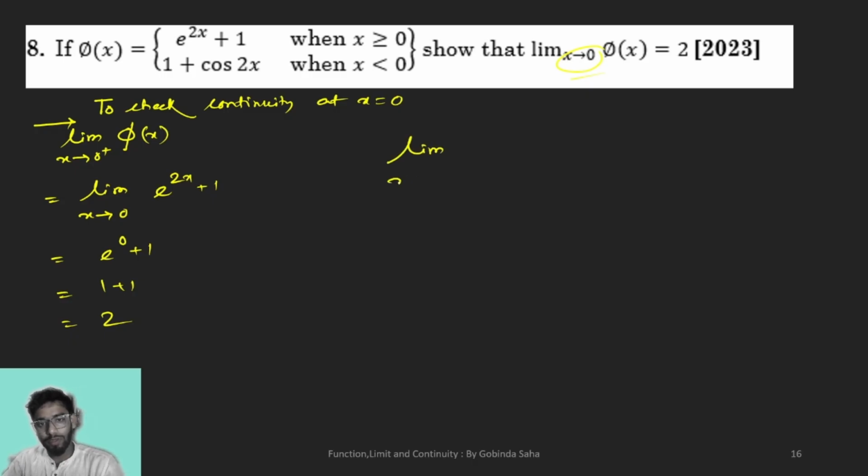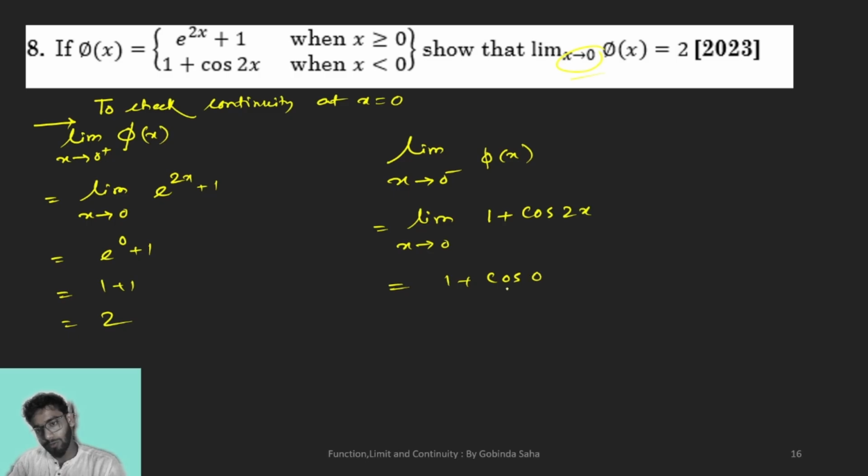Similarly, limit x tends to 0 minus fx. For 0 minus, oh sorry, it will be 5x, less than 0. So 1 plus cos 2x. Now if you put 1 plus cos 0, it is 1 plus 1, is 2.